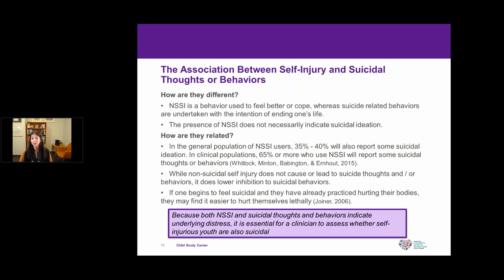Along the same lines, the presence of self-injury doesn't necessarily indicate suicidal ideation. So it's not necessarily that an individual who's engaging in self-harm is also experiencing suicidal thoughts or engaging in any suicide-related behaviors. But now, how are they related? While it's not necessary, we see that it is common for both to occur together.